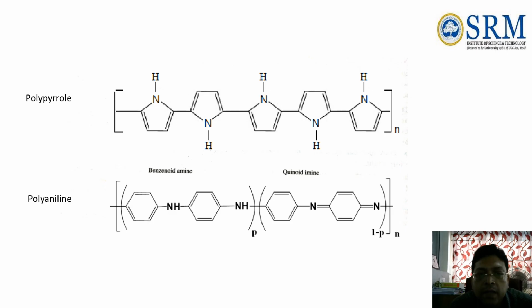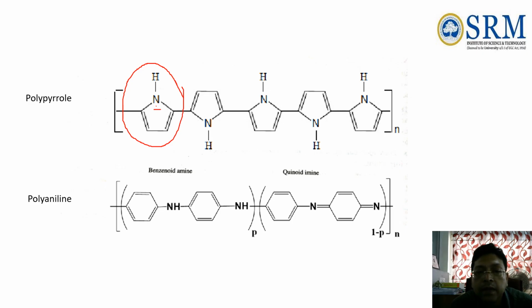So here this is a backbone chain, and polypyrrole consists of the building block pyrrole moiety, and pyrrole contains the heteroatom nitrogen. So nitrogen is part of this pyrrole moiety, and these pyrrole moieties are connected, which leads to extended conjugation.